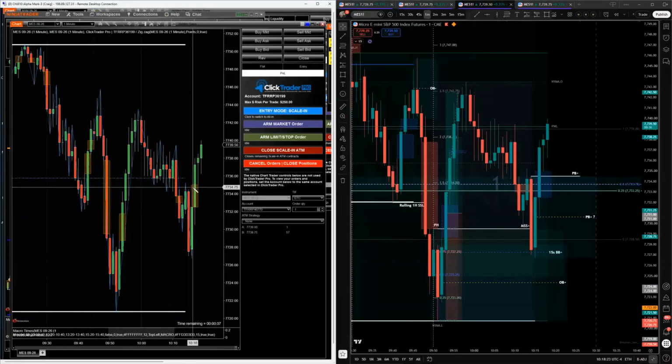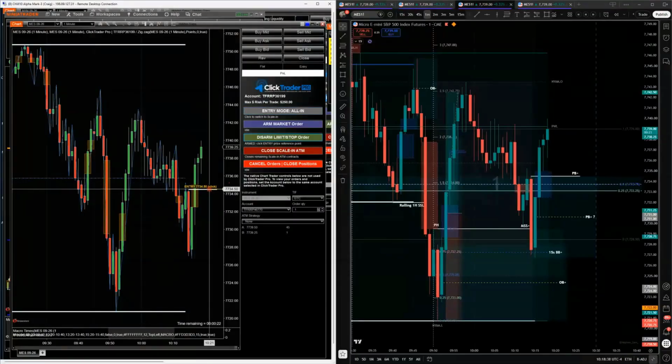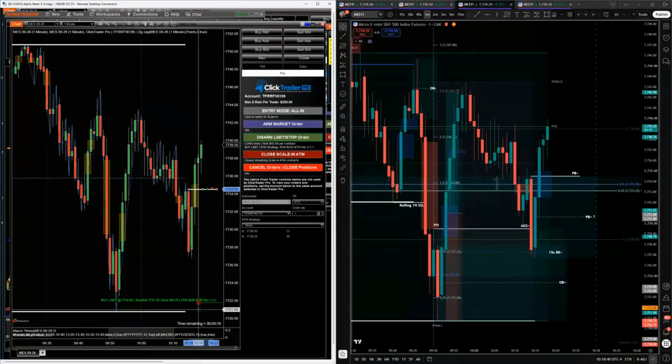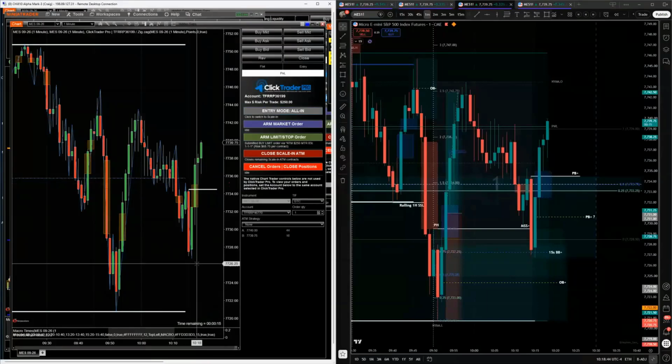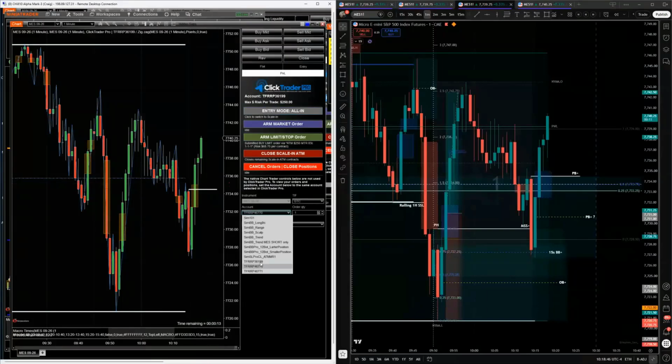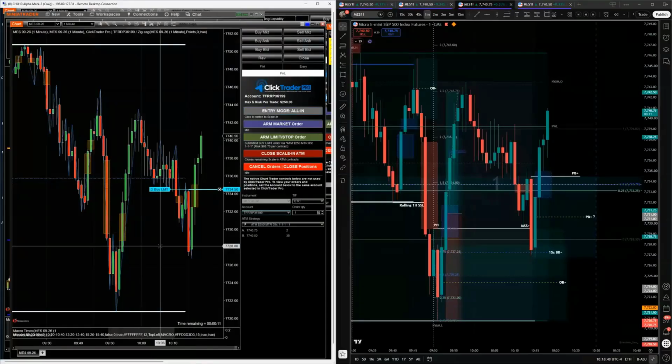Where is that over here? That's this one. All in. If it pulls back and retests that, order submitted, we will take the trade.